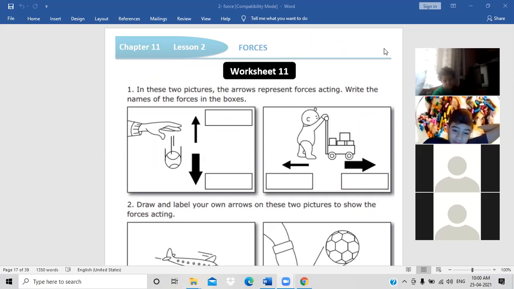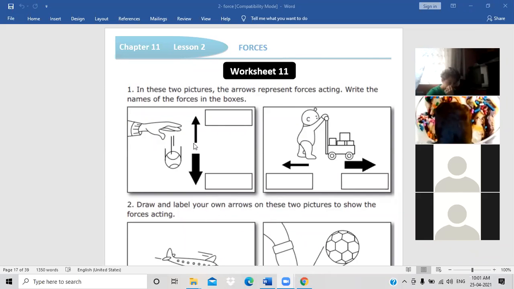Dana, this is similar to the one with the robot. You have to remember the directions of the forces. You know what is pulling the objects down.